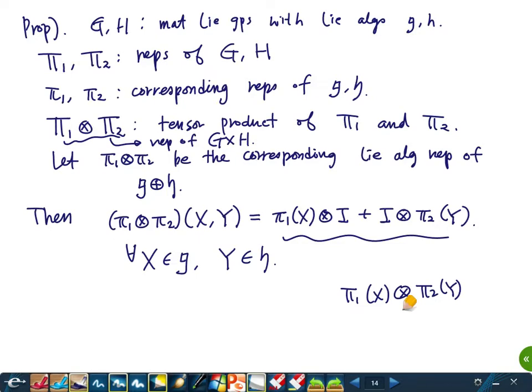All right. So this is a proposition, and using this, we will define the tensor product of Lie algebra representations in this way. Then it will be consistent with this kind of context. So, definition: G and H are Lie algebras.